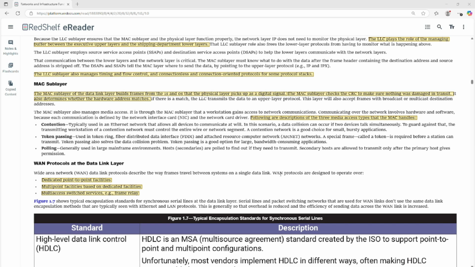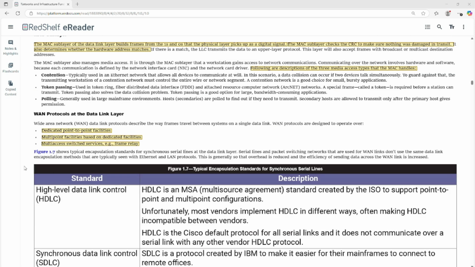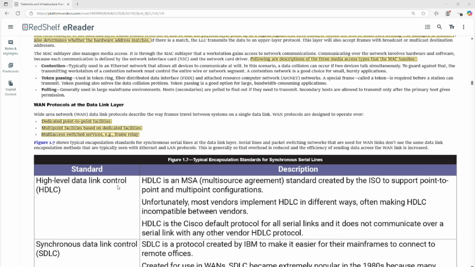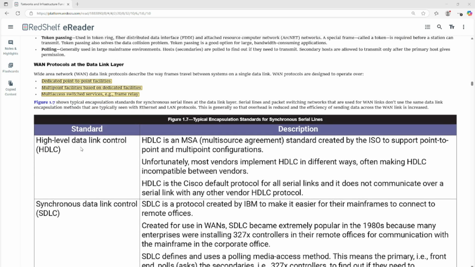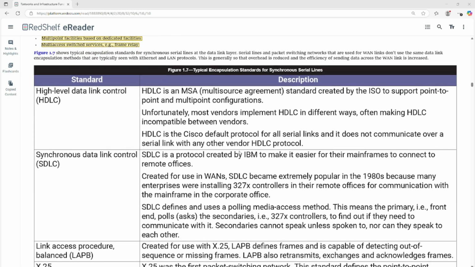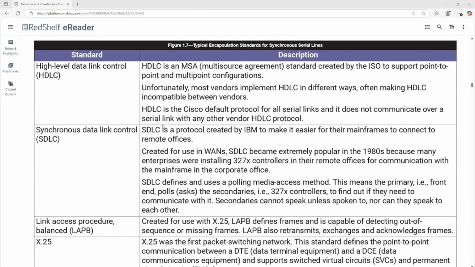Those protocols are designed to operate over dedicated point-to-point facilities, multipoint facilities based on dedicated facilities, and multi-access switched services, for instance, frame relay. The table in Figure 1.7 shows the typical encapsulation standards for synchronous serial lines at the data link layer. You can read through this to get a detailed understanding of this course.